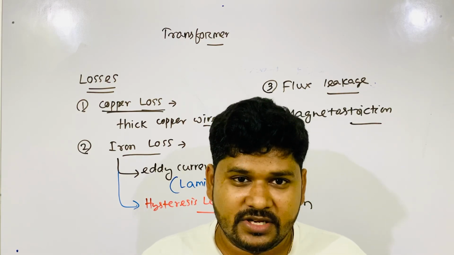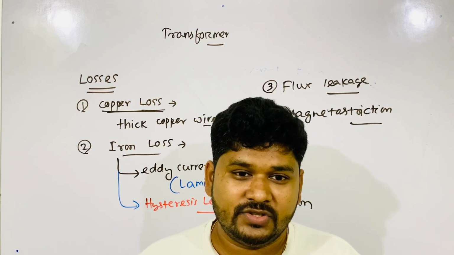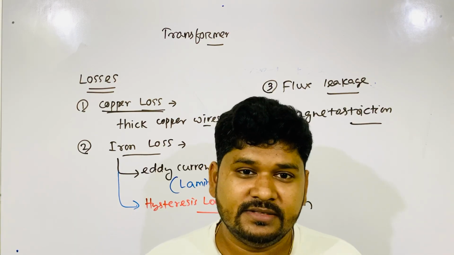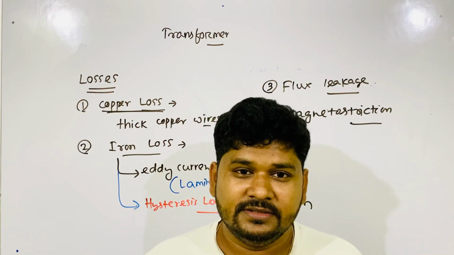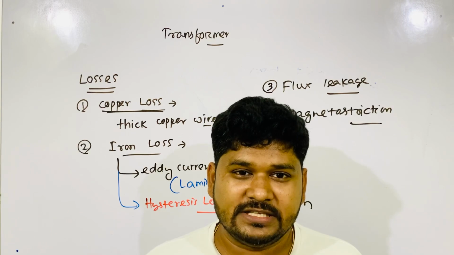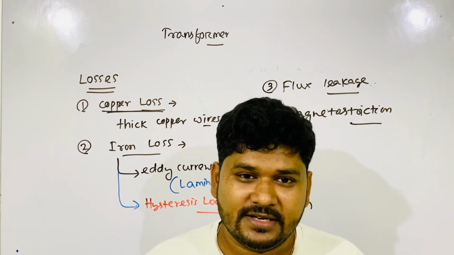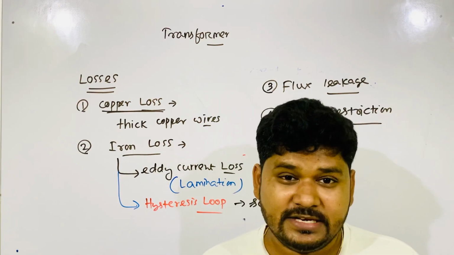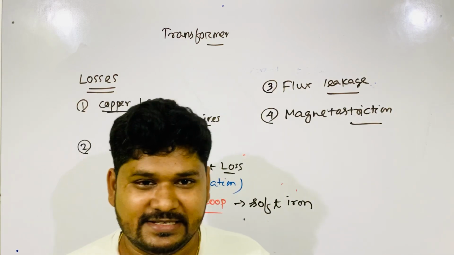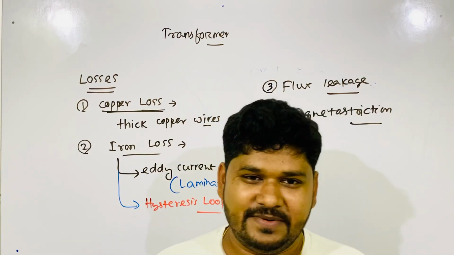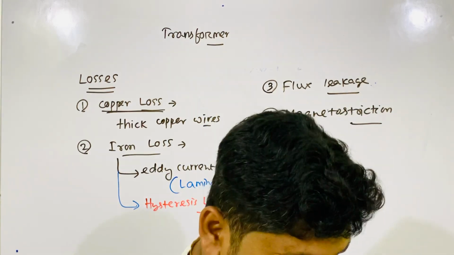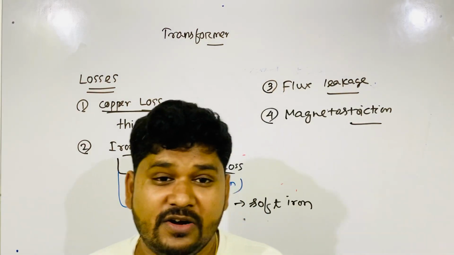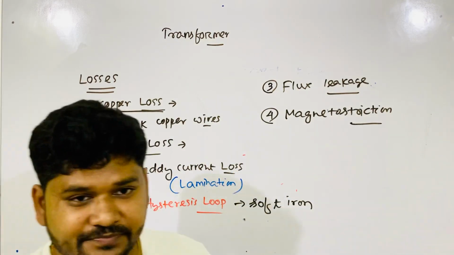So our electric energy is lost there. That transformer should be replaced immediately by the company, and a new transformer should be kept there. The humming sound we can't minimize; we have to replace and modify that transformer. So the energy lost due to vibration of the core in the form of a humming sound is magnetostriction.